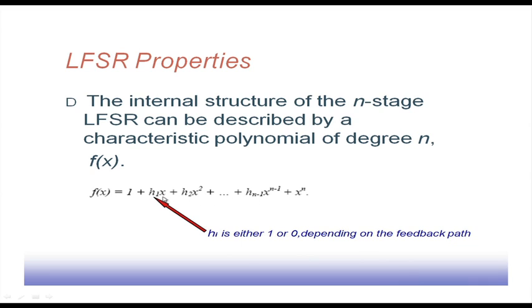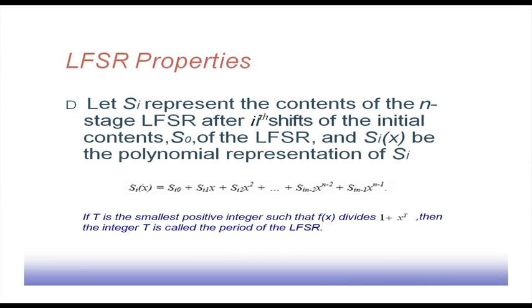Wherever these h i's are 0 or 1: if it is 1, that means on the feedback path this particular term will be there, so that XOR gate will be there in the circuit, and if it is 0, the XOR gate is not there.